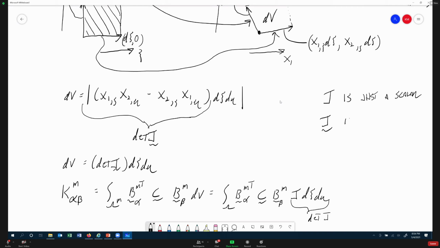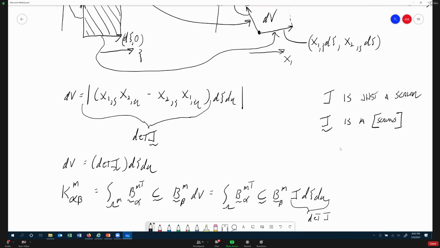J squiggly is a matrix of scalars. So when we have the determinant of J here, we're talking about the entire matrix. So this portion here is the determinant of J. So dV is equal to the determinant of J times this, just like we have written here.